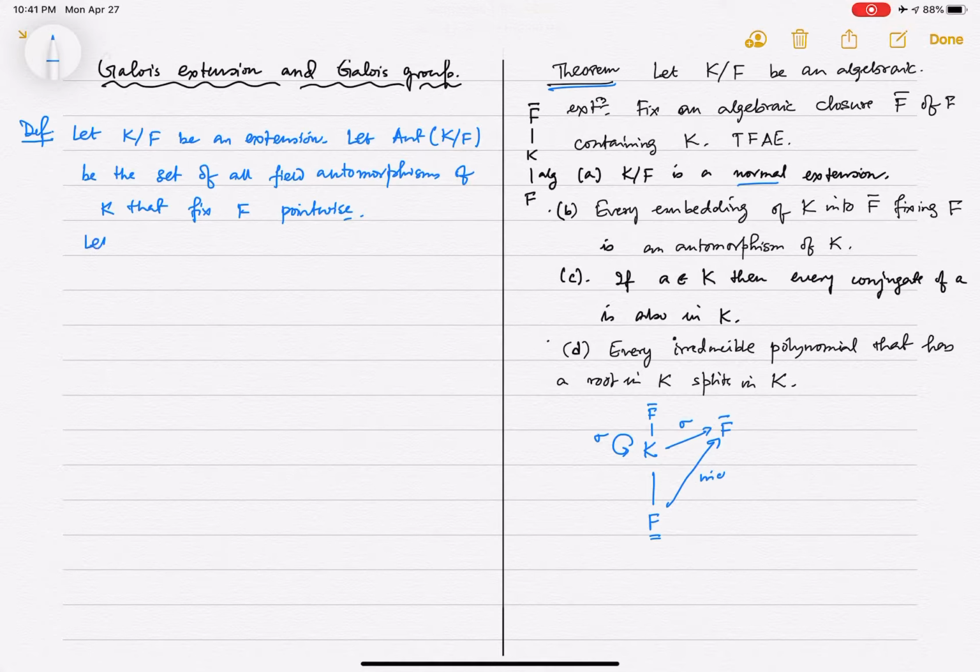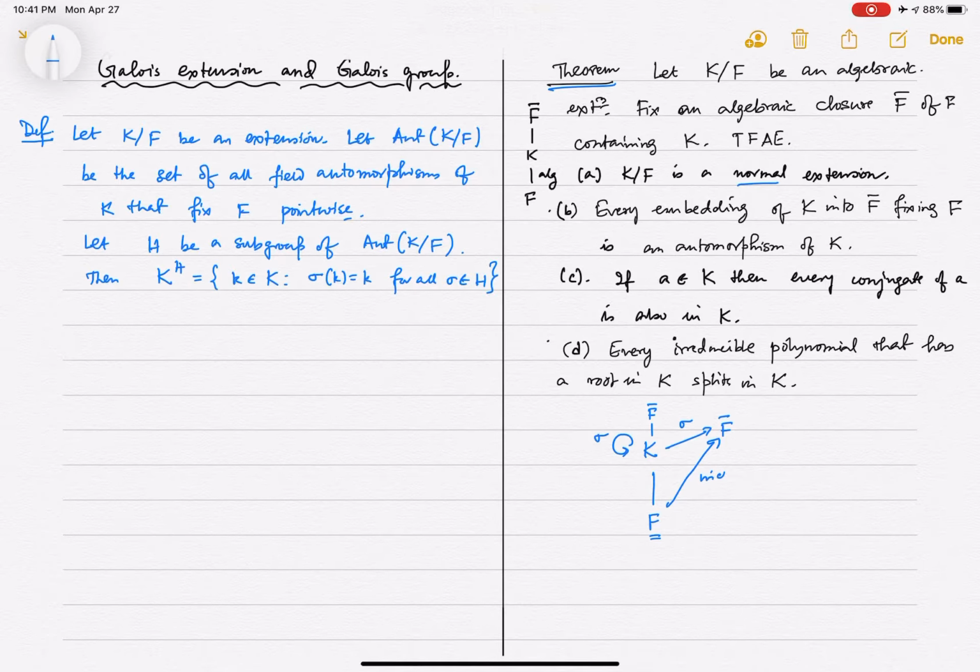So let H be a subgroup of Aut(K/F). Then K^H denotes all the elements of K that are fixed by every element of H. So this is all k in K such that sigma(k) equals k for all sigma in H.